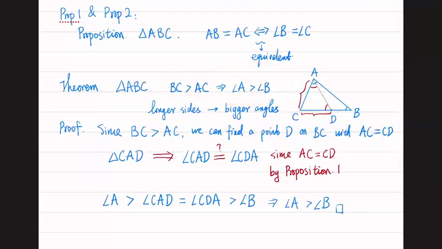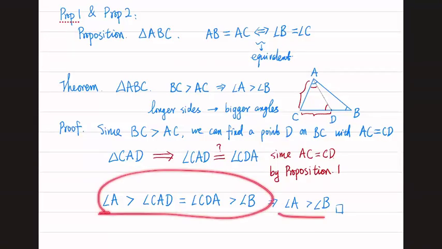First we construct a triangle with equal sides by the proposition of equal angles. Now, this angle is bigger than a part of it. This part equals this one, but this one is bigger than this part because it's the exterior angle, the sum of the two angles. So we have this chain of inequalities. We complete the proof.